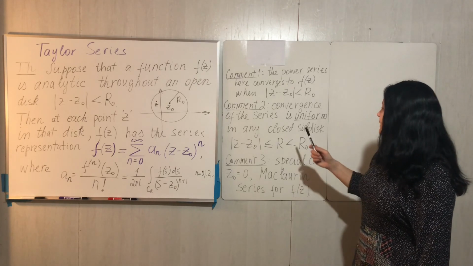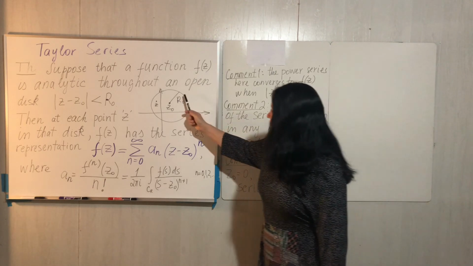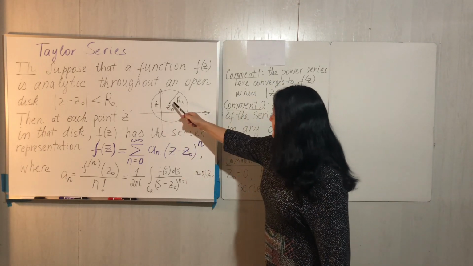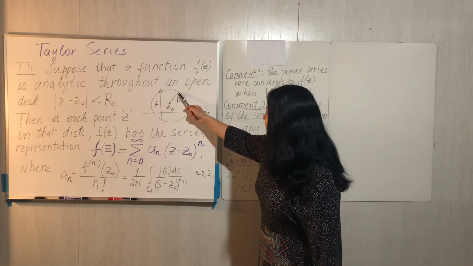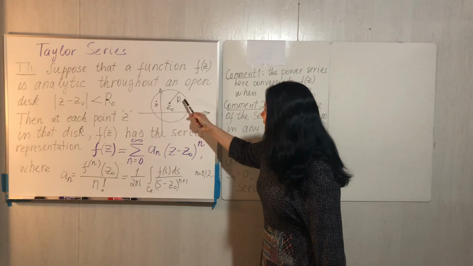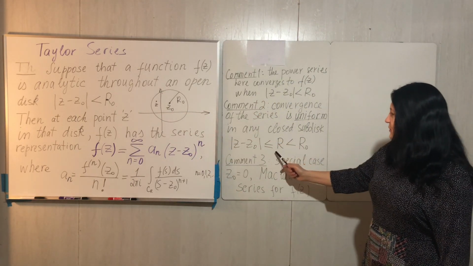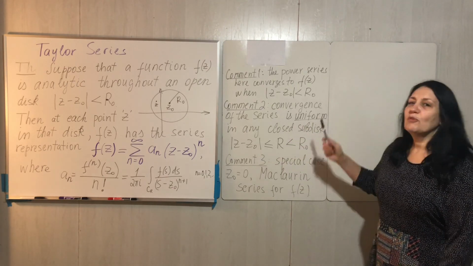And next comment: this is our r sub 0, let's look at a smaller radius r and look at the closed subdisk. Then our series would be convergent uniformly.